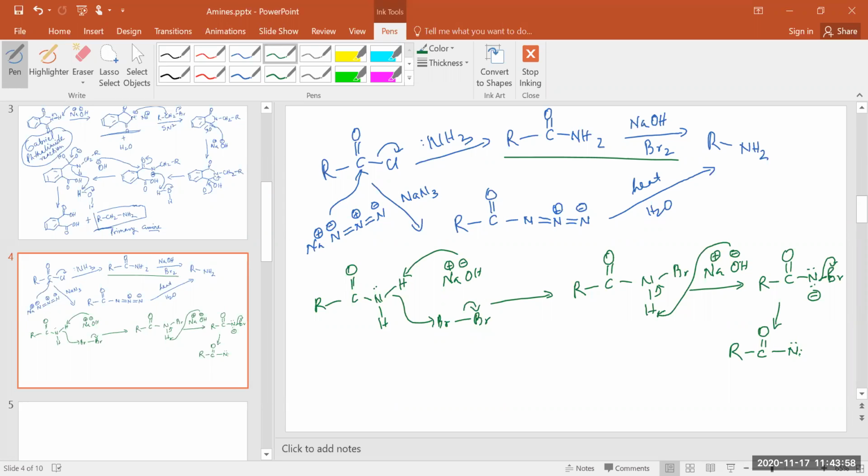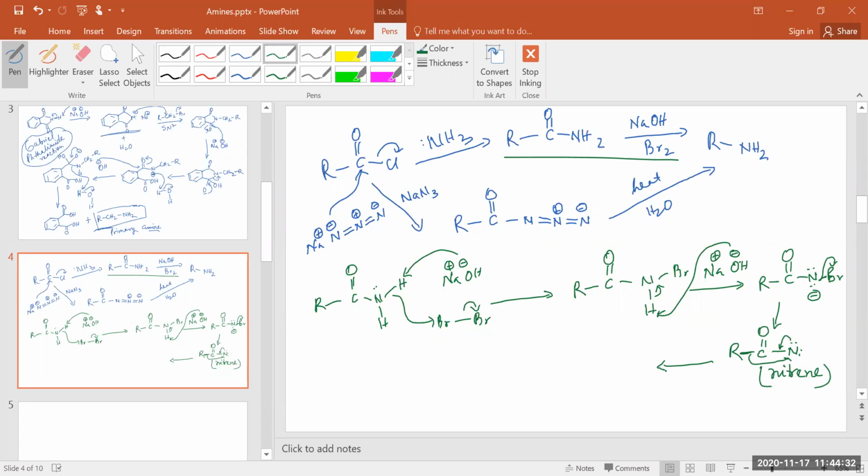So this is called a nitrene. Remember nitrene. In organic chemistry, you remember carbocation, carbanion, carbene, carbon free radical. Similarly carbene, and here nitrene. So when this forms, a rearrangement reaction happens. This R group will move to nitrogen, and this bond will come here to make a double bond.